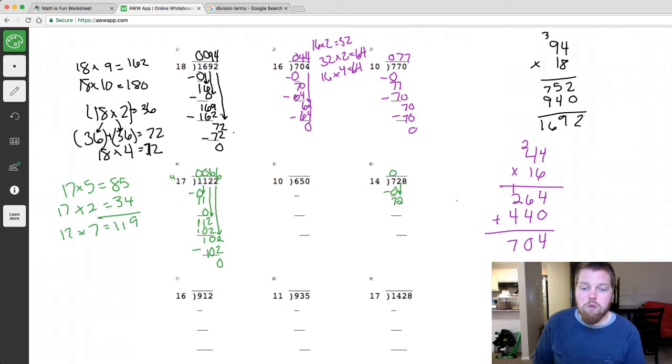And I'm going to write my arrows on this one. How many times can 14 go into 72? Another thing that we can do is we can just guess a number and do our multiplication on the fly. Now our work might get a little bit messy, but if we get it right, then that'll be good.